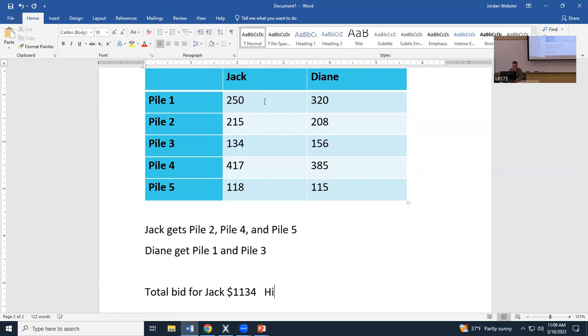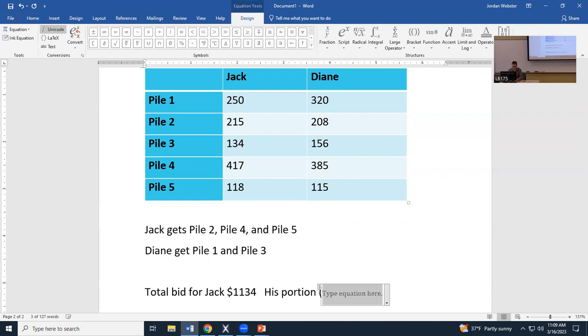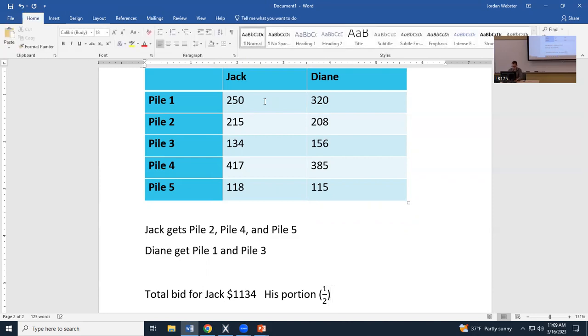By the way, his portion, which is a half. Everybody understand why it's a half? Because we're splitting it between two people.